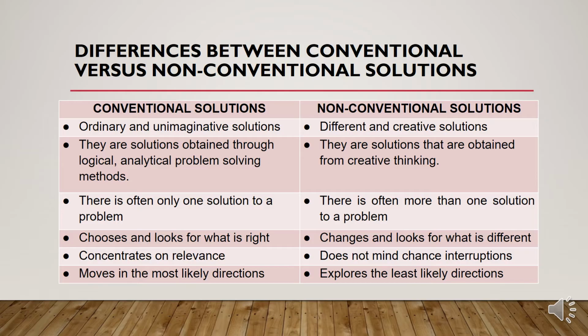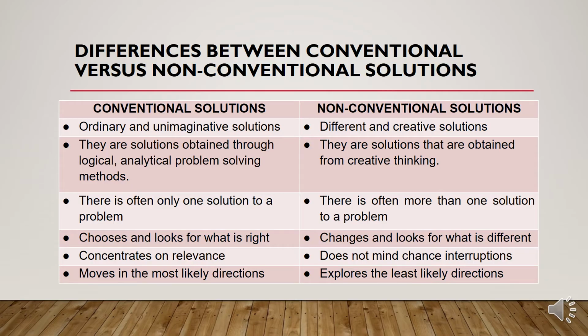from creative thinking. Conventional solutions are often only one solution, whereas non-conventional often contains more than one solution to a problem. Conventional solution chooses and looks for what is right. Non-conventional solution changes and looks for what is different.